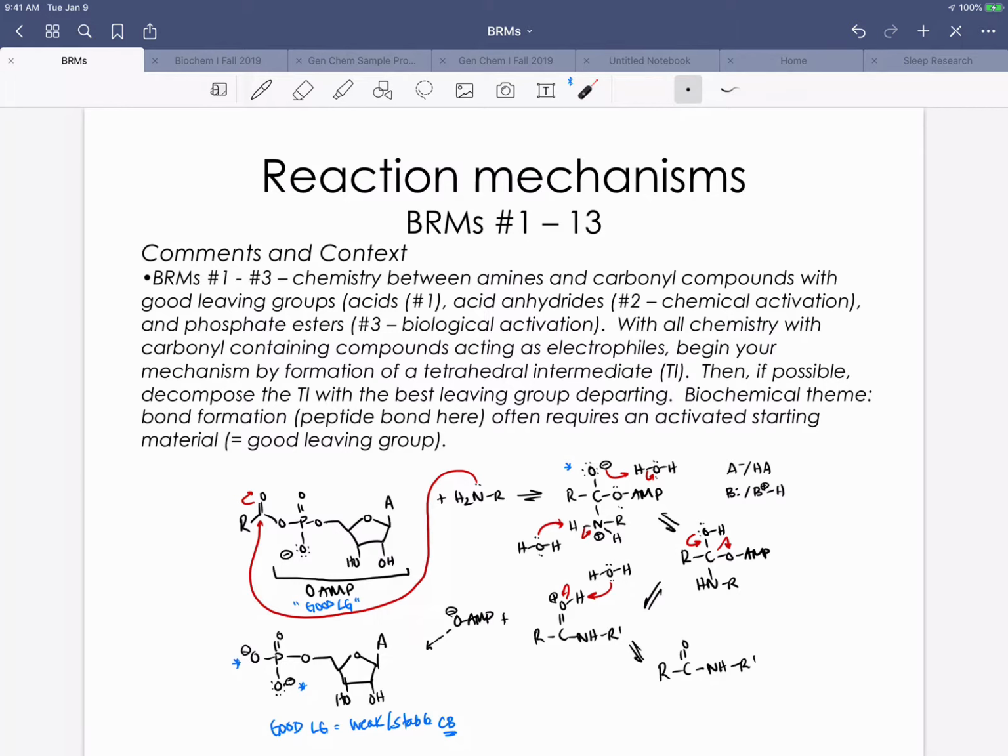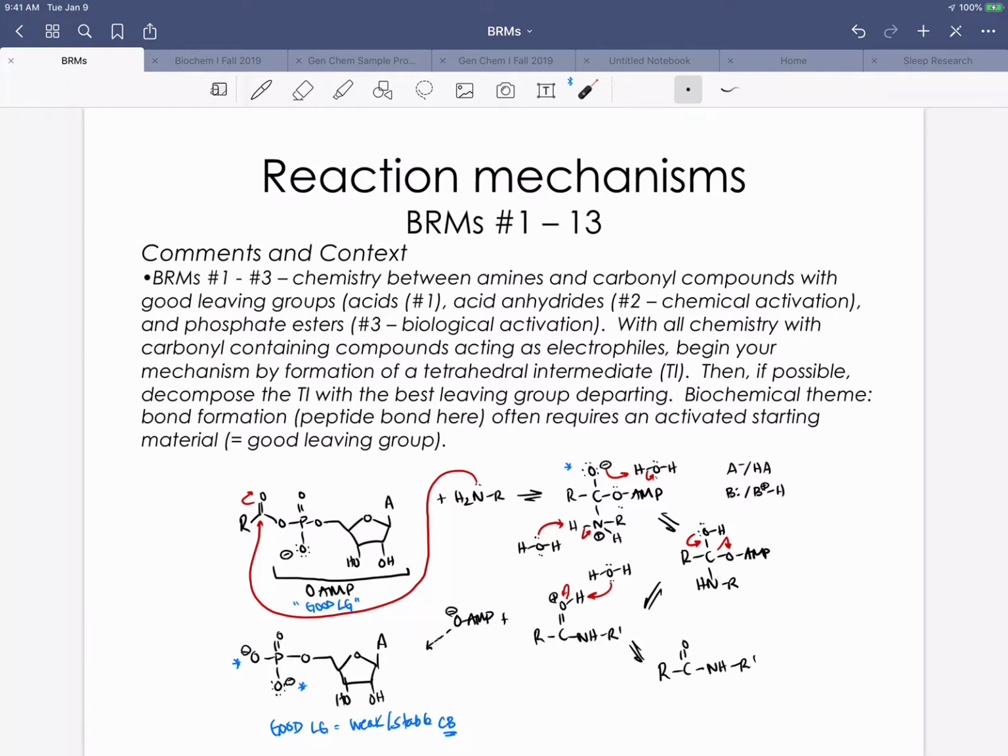But again, recognizing the theme, when we have a carboxylic acid, we really have acid-base chemistry. When we have acid anhydrides, we do finally have that chemically activated carbonyl-containing compound, that carboxylate, so that we can do that coupling chemistry to generate the amide that we're interested in.